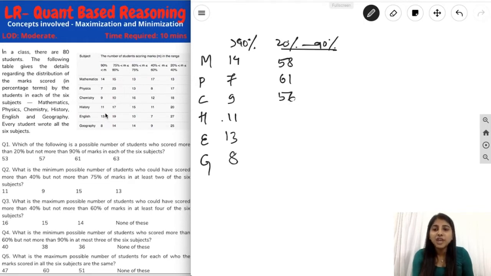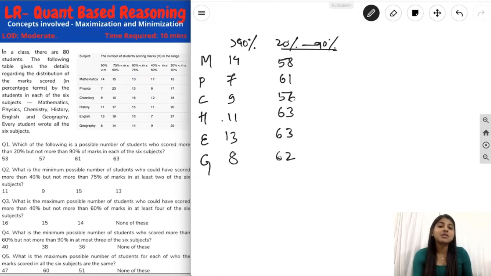For history, it is 20, 30, 40, 50, 52, 53 and 63. For English, it is 27 plus 19, that is 46, then 10 is 56, plus 7 is again 63. And for geography, it is 14, 28, 28 plus 9 is 37, 47, 57 and 5, 62.